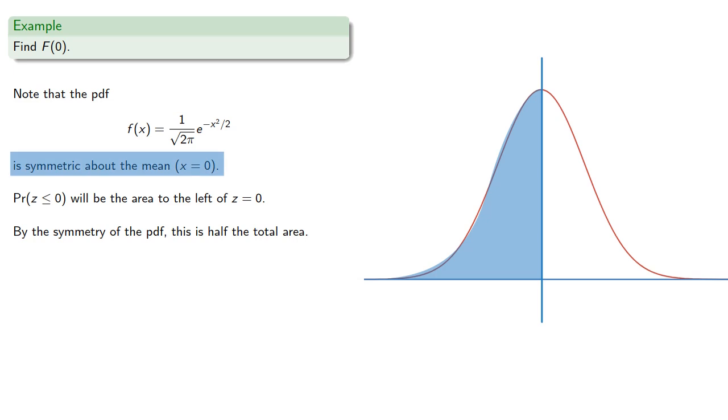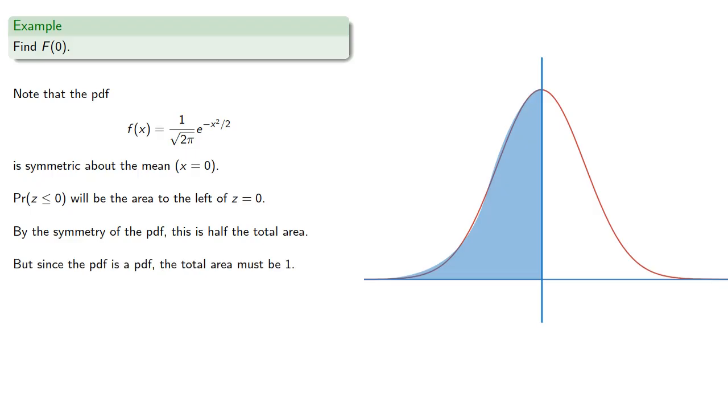By the symmetry, this is half the total area. But since the PDF is a PDF, the total area must also be 1. And so F of 0 is half, 0.5.